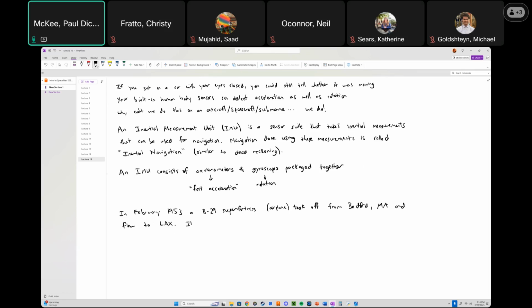It flew the entire, we'll call it 3,000-mile journey, with no human input, and was less than 10 miles from the runway when pilots took over.